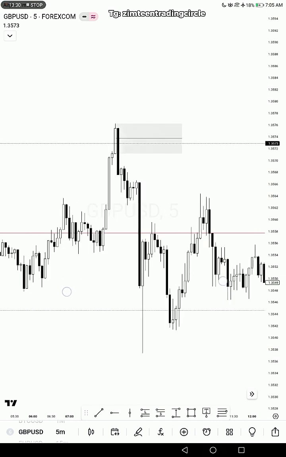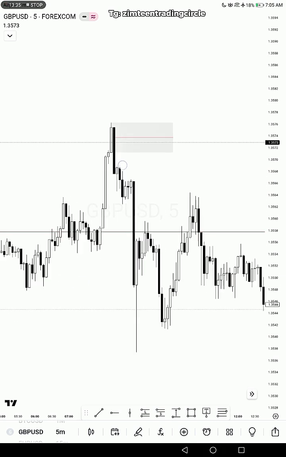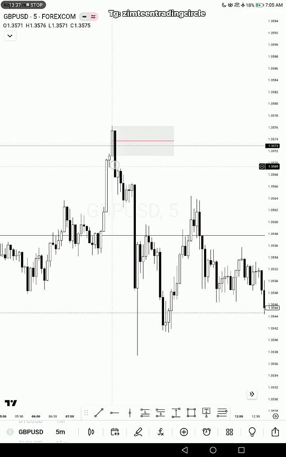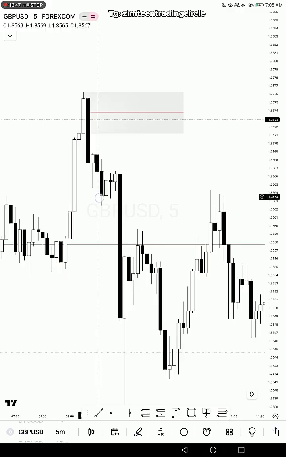Right here on the 5-minute time frame, we saw a candle, this candle right here, which was engulfed by our order block, forming an FVG, and our FVG was retraced a little bit right here.